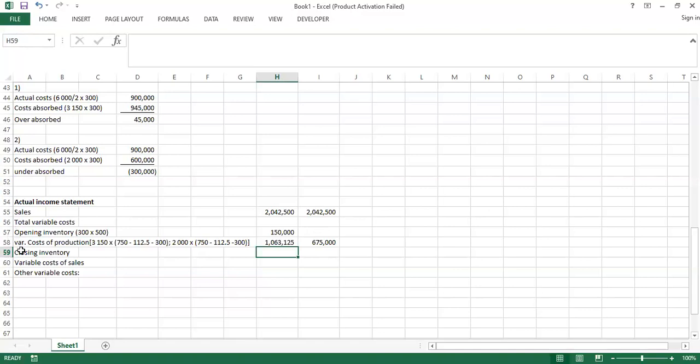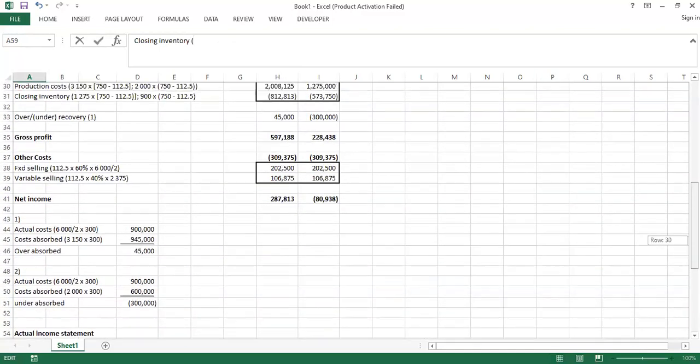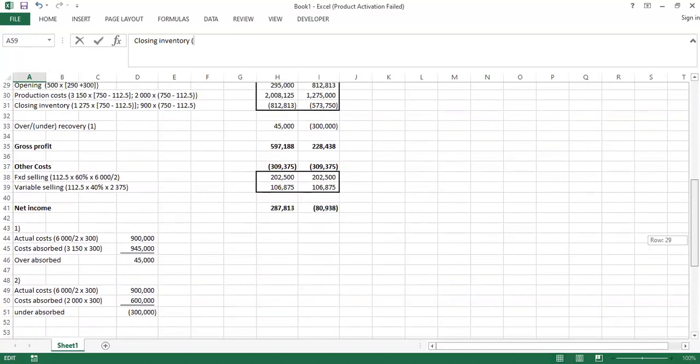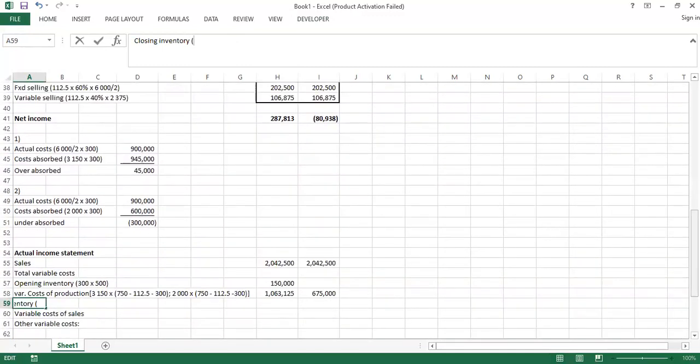All right, so what then would be our closing inventory? The calculation is the same, except that we are only including the variable elements. So it's just going to be 1275.